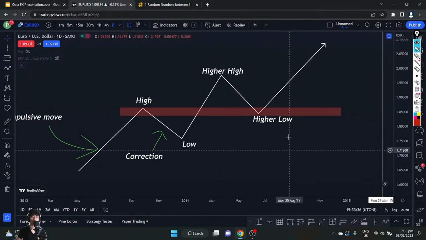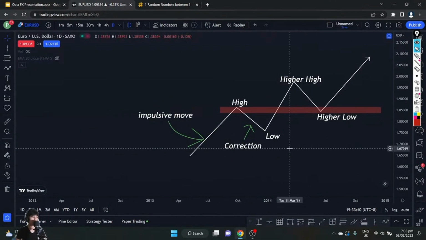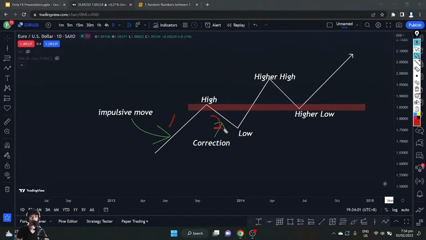low. All right. So now that the pattern is complete, we have our first impulsive move, which is our 1 move, and then we have our correction move, which is the 2. Then we have the next impulsive move, which is the 3. Once we saw a pattern like this on the chart, this is again what we call a 1, 2, 3 pattern.